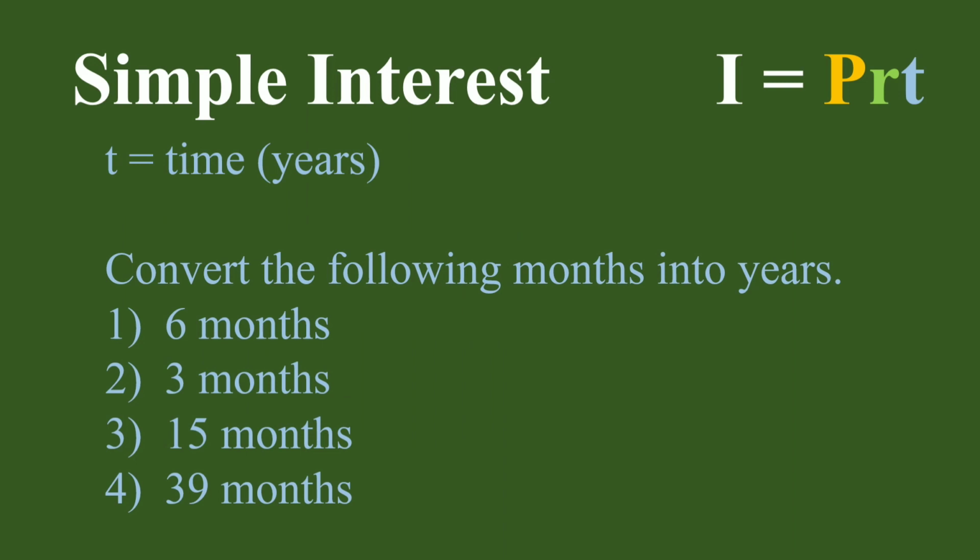Okay? For the meantime, before we solve problems involving simple interest, let us convert first the following units of time in months into years, because it is very important that the unit of time in this formula that you're gonna be using is already in years. So 6 months. So how do we do that?